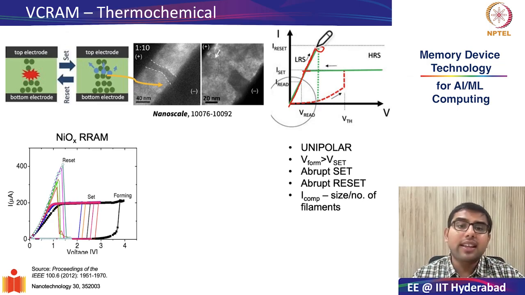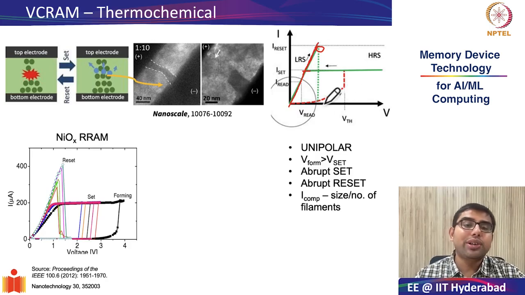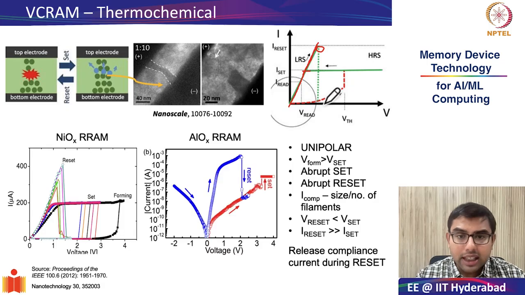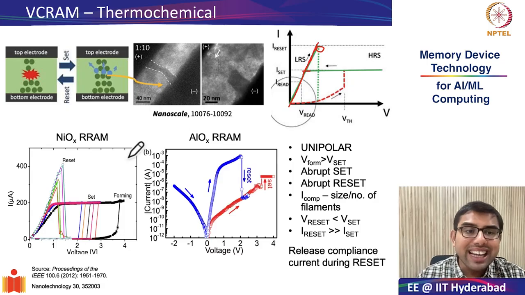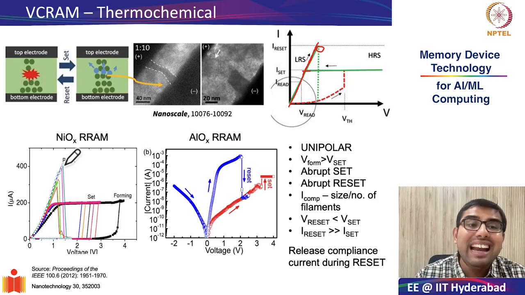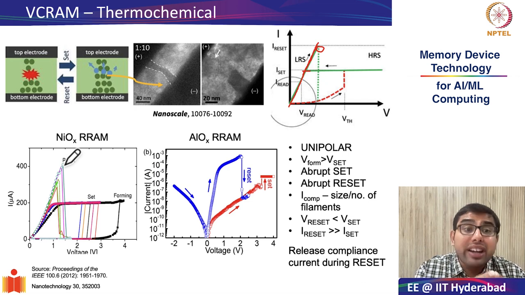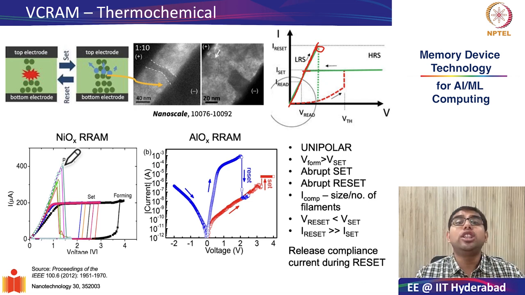The second thing that we notice is that the set process and the reset process in case of a thermochemically driven VC-RAM is abrupt. This happens because the reset now is not driven by electric fields. There is no filling of vacancies. This happens at a critical amount of localized Joule heating, which has nothing to do with electric field.